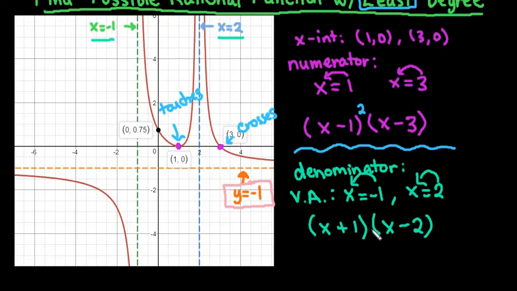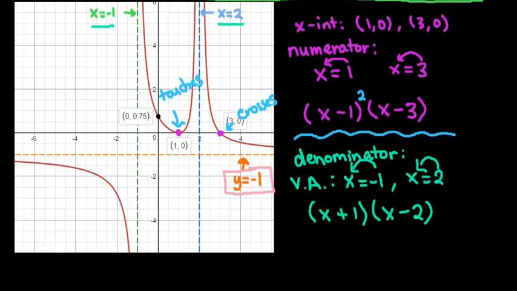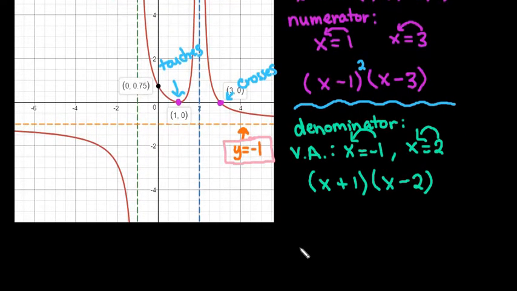And then the ratio of the numbers in front, our leading coefficients, has to simplify to be -1. So we need for sure our numerator and our denominator to have the same degree. Right now our numerator has a degree of 2 and 1, so that's 3, and the denominator only has 2. So we know that we have to add something else.